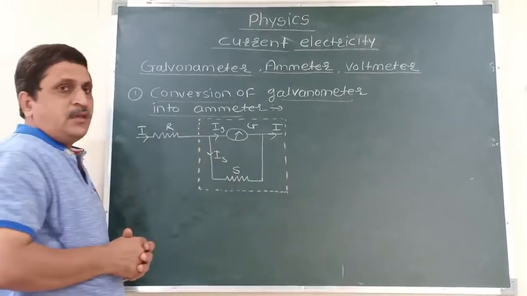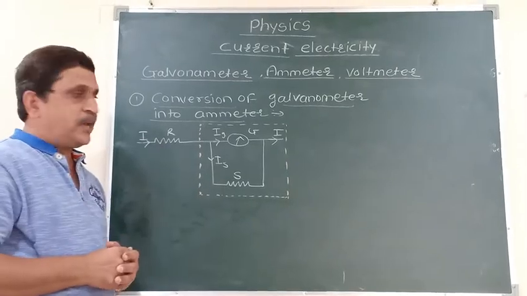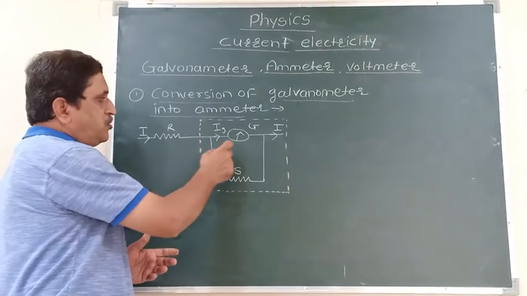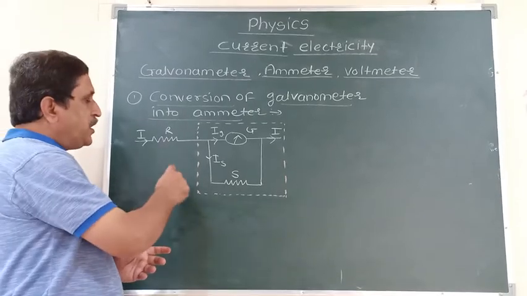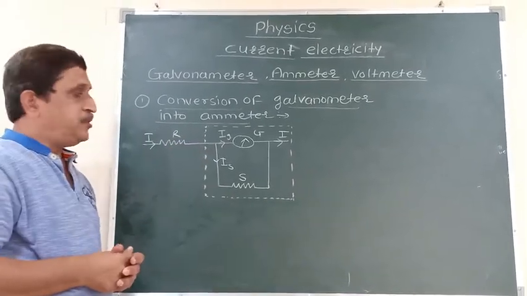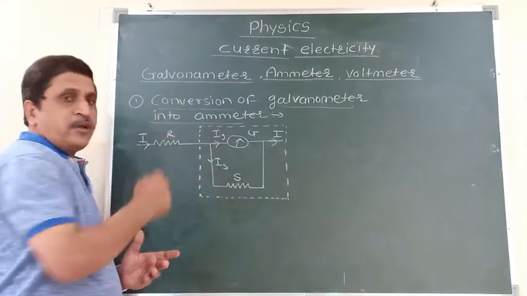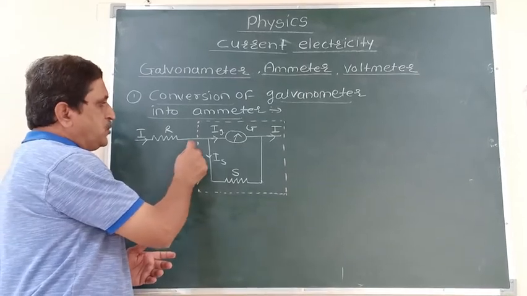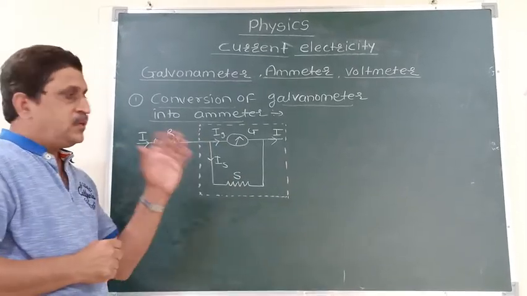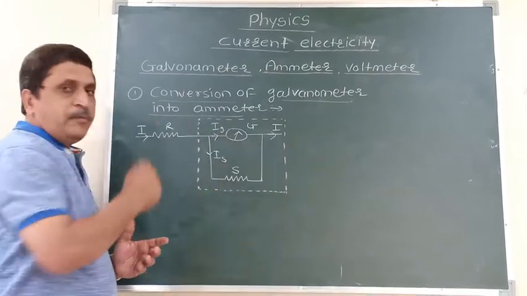Second thing, if we try to send a large amount of current through the galvanometer, then it is not possible to measure that much amount of current with the galvanometer. That means to increase the range of measurement of current, we should do something. And third one, the coil of galvanometer is very delicate, and that's why if we try to send a large amount of current through the galvanometer, then that coil will be damaged.